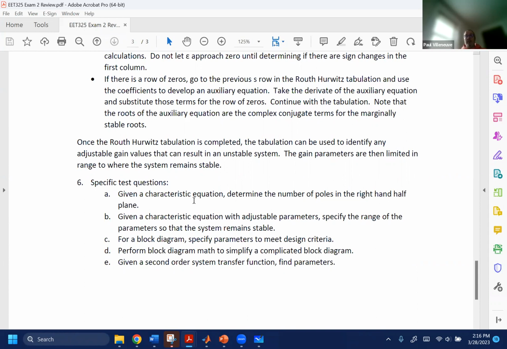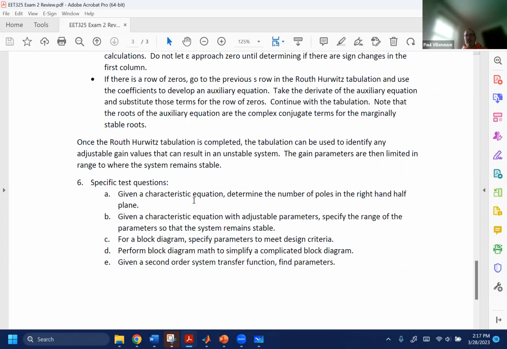So you might have to do a little bit of block diagram math, but you might have a first order or a second order system where you have a value of K, and you need to define, if I've given you parameters, some values of K or some other parameters, an A and a B coefficient, to meet settling time and percent overshoot characteristics.